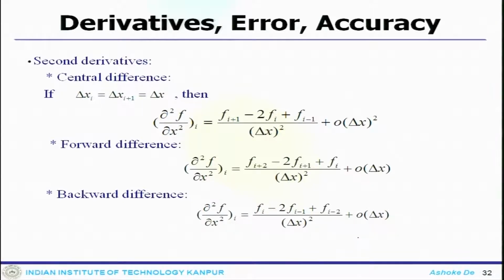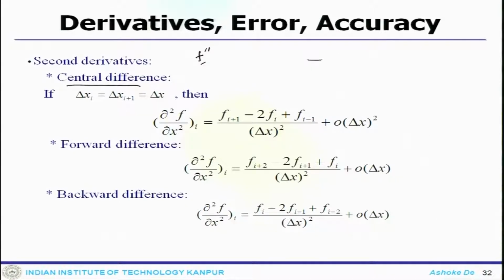Now, similarly, if you look at the second derivative, that means f double prime. You look at f double prime in three different ways and see what happens. So far we have been talking about only f prime. Now, f double prime, if you look at central differences, this can be written as del 2f by del x2.